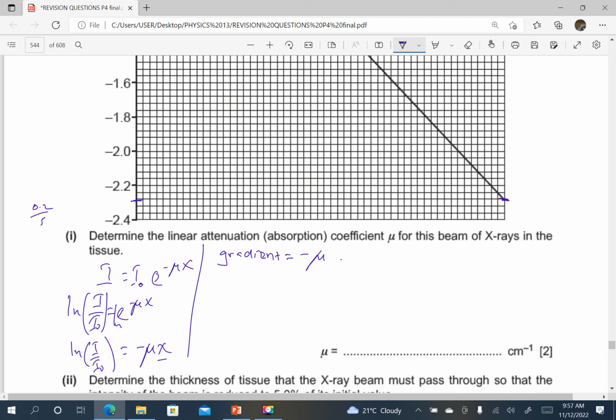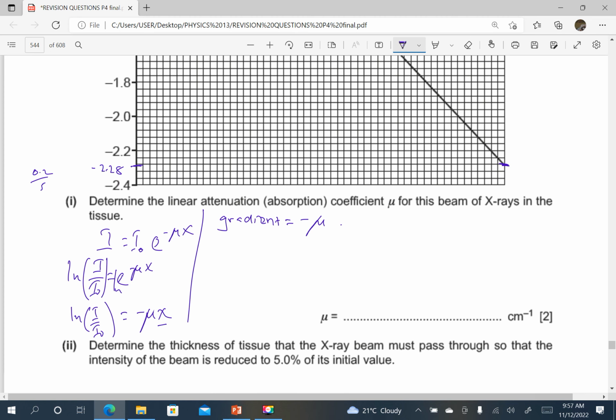So this is going to be negative 2.28. It is starting from the origin, so the gradient equals negative 2.28 minus 0 on the y-axis.